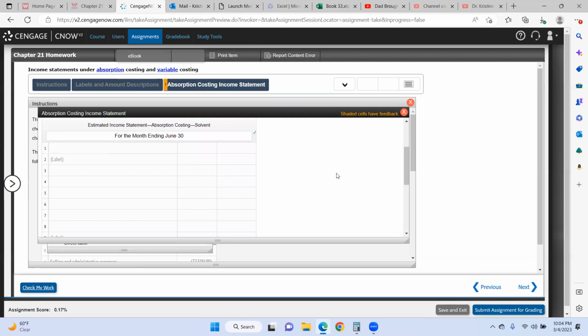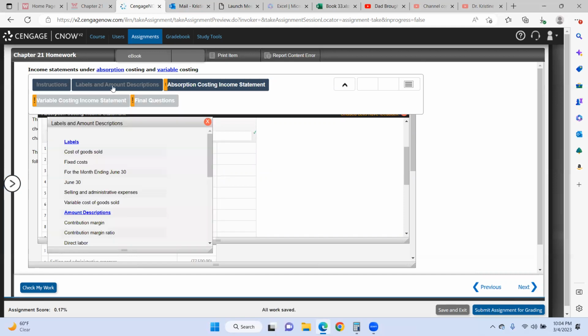Absorption is GAAP. So if you're going to be releasing any income statements externally, you are going to need to use your absorption. Internally, I prefer variable.